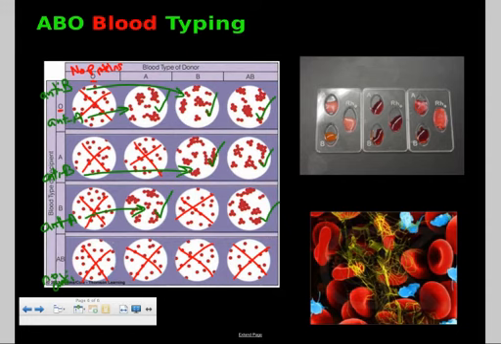So what we're looking for in this lab is evidence of agglutination. We are looking for the sticking together of cells.